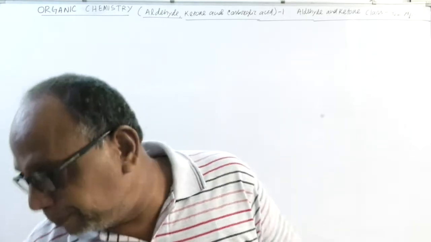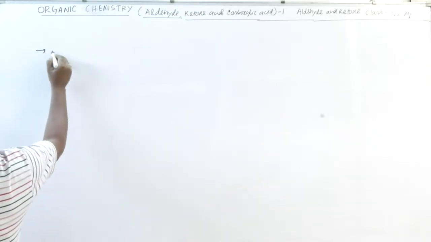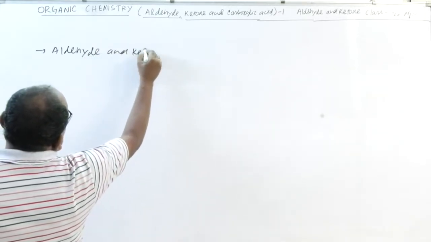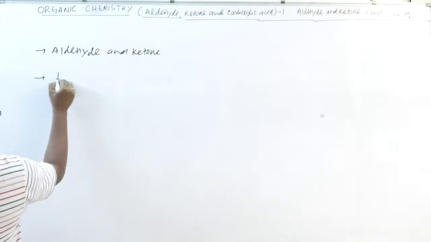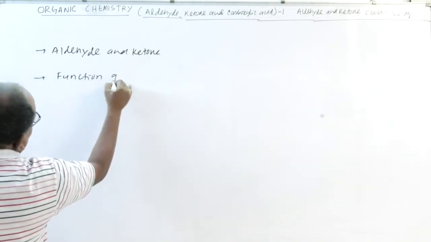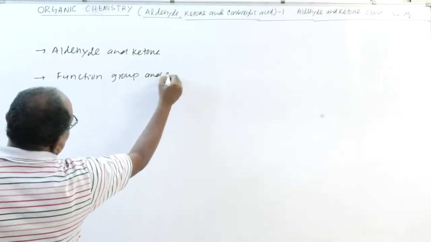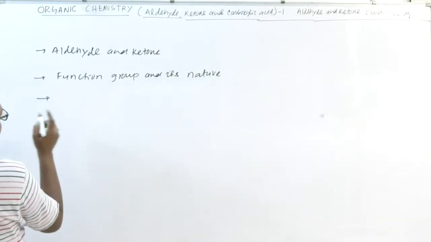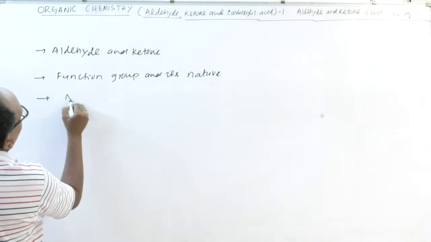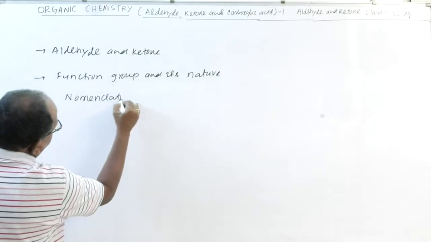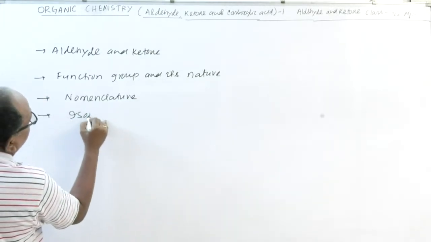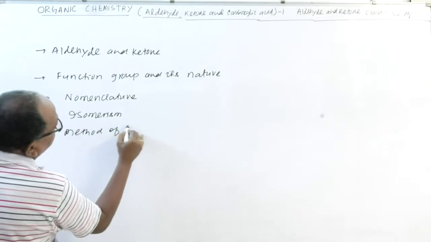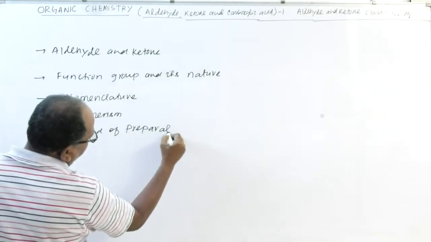So today we will discuss what aldehyde and ketone are, the functional group and its nature, the nomenclature, isomerism, and some methods of preparation.